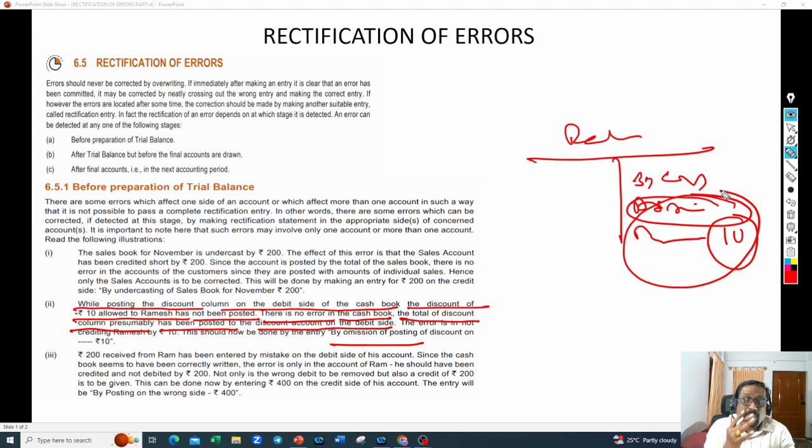When you prepare a journal entry by debiting some account and crediting some other account, then only it will be called complete. But here, what did you write? You simply wrote by omission of an entry, and you credited this amount in Ramesh account. So since the impact happened in only one account, you don't see a multiple or complete entry. Are you getting my point?